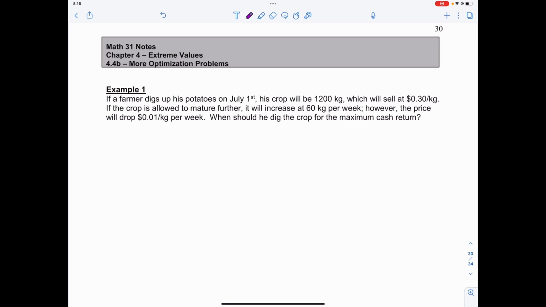Well, revenue is equal to the units sold multiplied by the cost per unit.